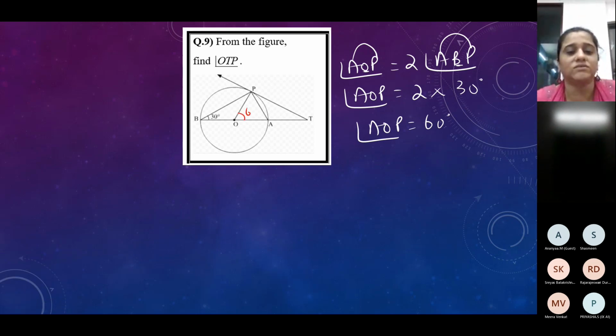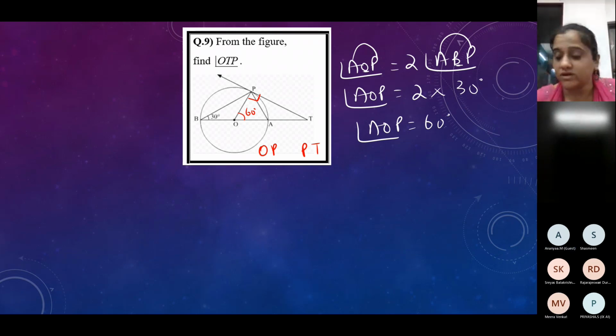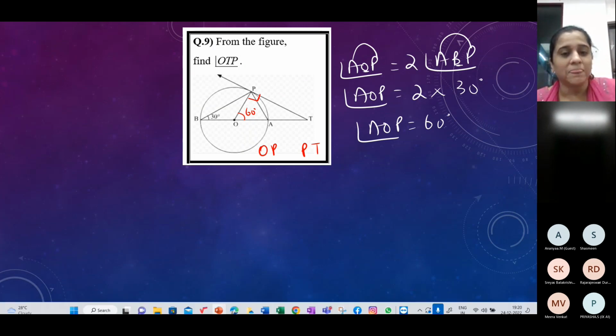This is 60 degrees. Now we know that this angle is a right angle because OP is the radius and PT is the tangent at P. AP is not the radius. Online students, my screen is visible, right? Yes, ma'am. I should have asked you earlier, I just forgot.